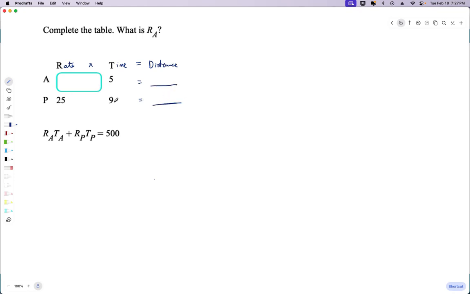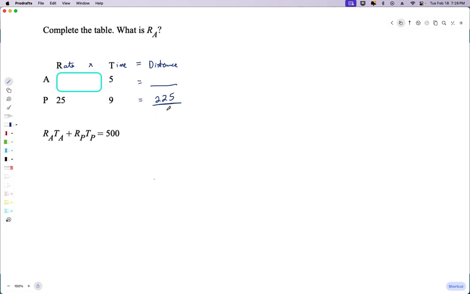25 times 9 is, oh, good Lord, I don't know. It's a really big number. 225. Yes. Because 10 times 25 would be 250, and it's one set of 25 less than that. So it has to be 225. So we have one of these already solved.